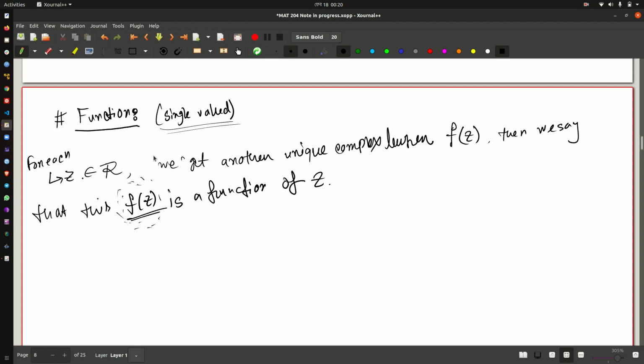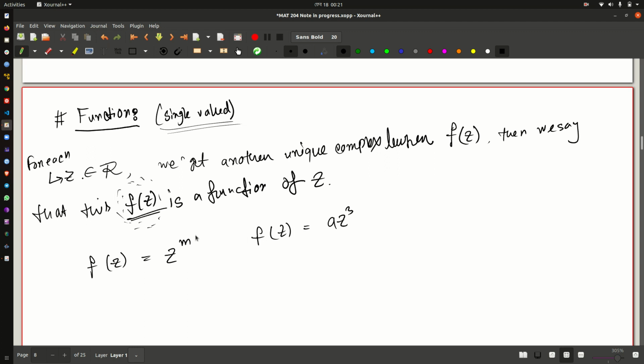Okay, an example would be, let's say f of z is equal to z to the power m, or f of z is equal to, let's say, a z cubed, stuff like this. So yeah, this is the definition of function.